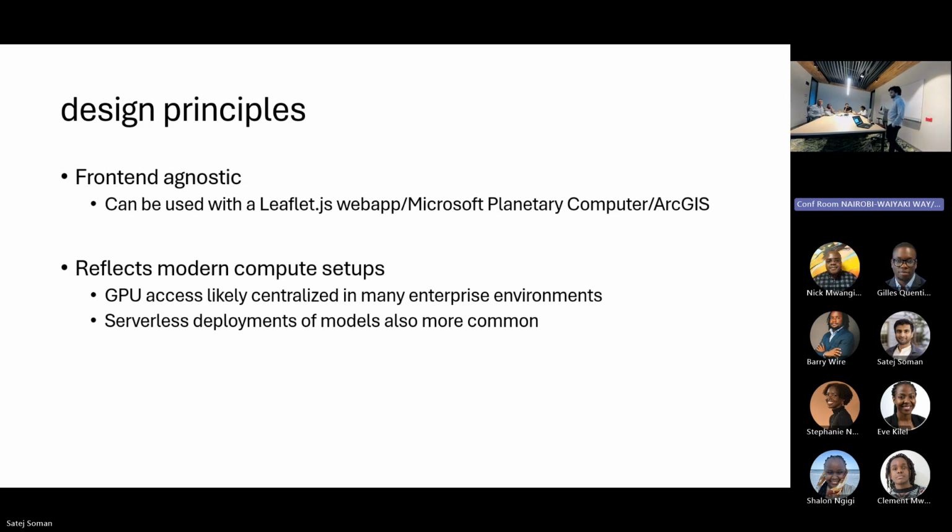The other thing that was driving this client-server split is that this actually reflects the modern compute setups of a lot of partner organizations who are working on things like food security or biodiversity. GPU access is likely centralized in many environments. You probably aren't running this tool on a workstation with a GPU. There's probably a compute cluster somewhere in the organization where you send jobs to a GPU queue.